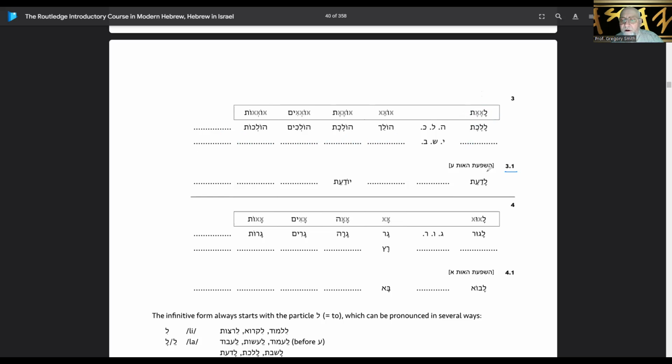Okay, so 3.1, we have hashofa'at. Hashif. Let's see, hashif. What is that? השפעה, Hashpa'at.